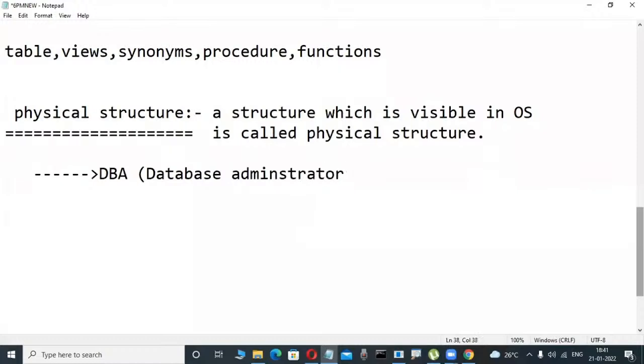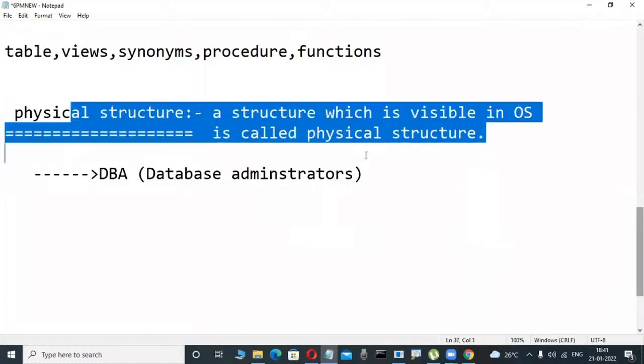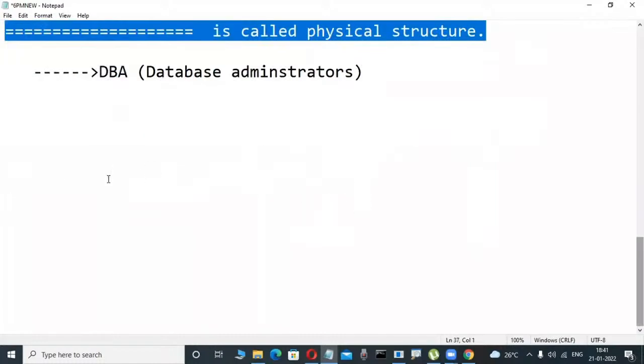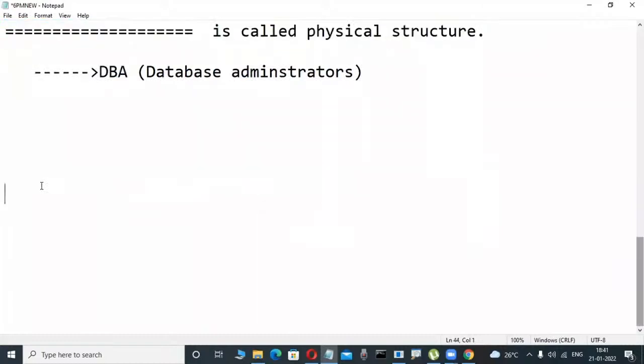Those database administrators only work in the physical structure. Suppose I am an Oracle DBA programmer. I am learning Oracle DBA; the DBA course has backup, recovery, so many things, tablespaces, segments. Don't worry.